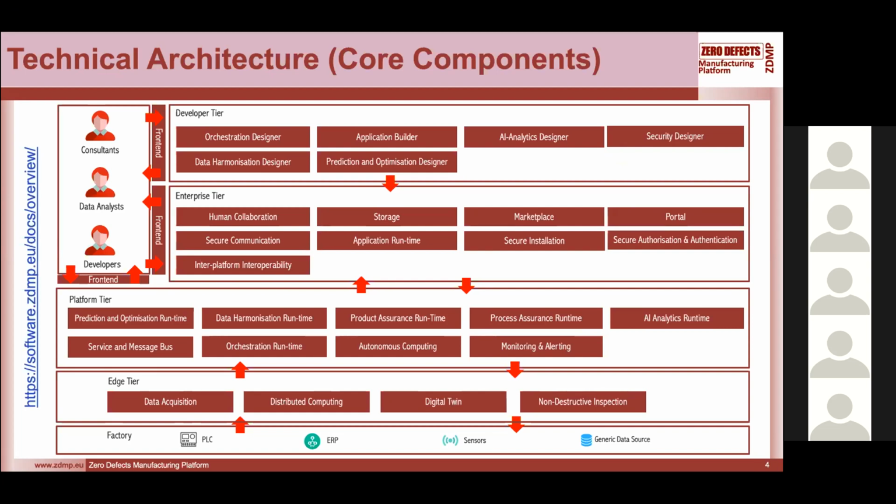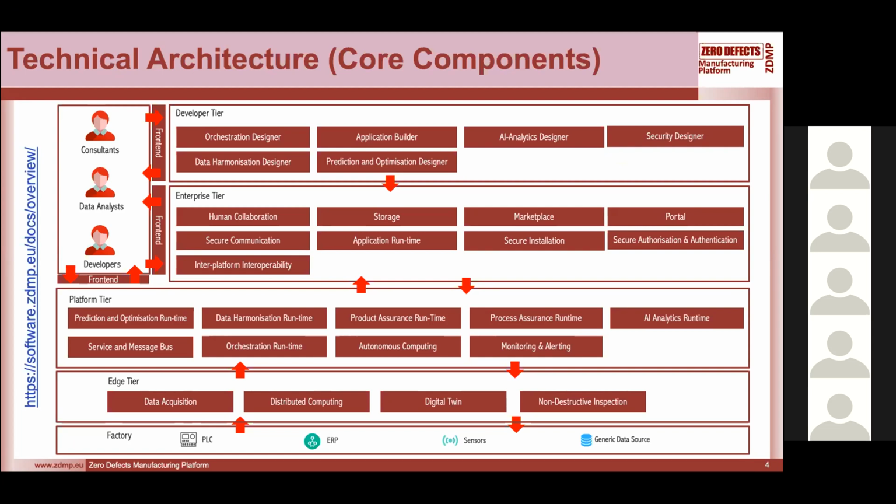Once the data is ready, it is pushed to the platform tier, in which it is moved to the adequate subsystem for processing or storing or whatever. Then the enterprise tier goes into action, adding features like security and allowing the users to consume that data easily. This is the first flow.